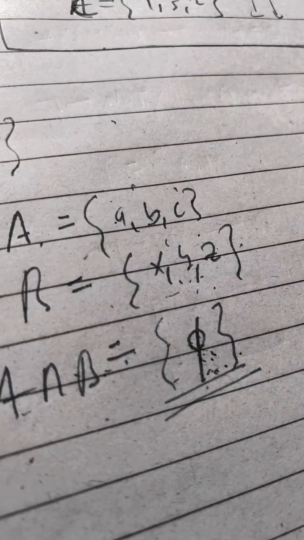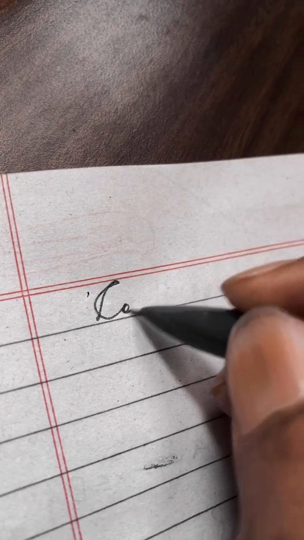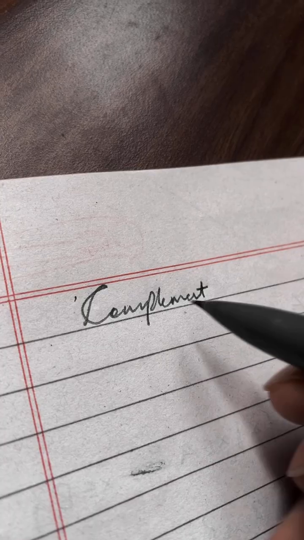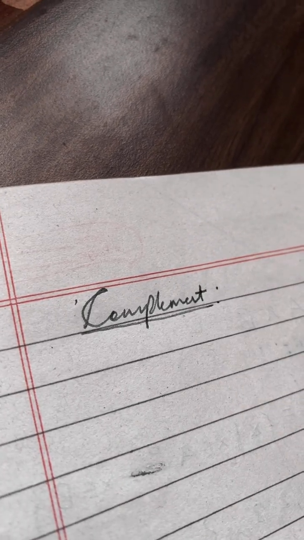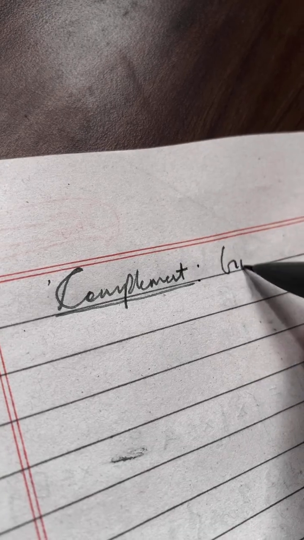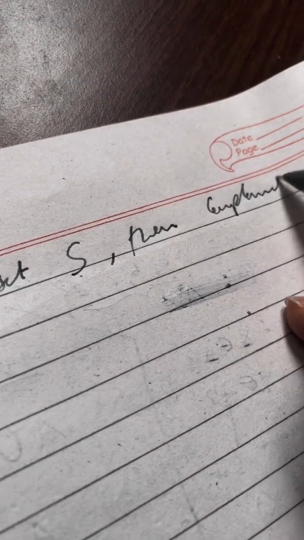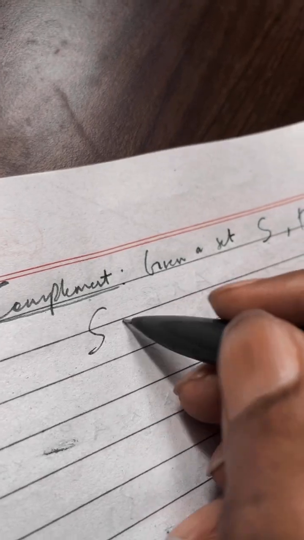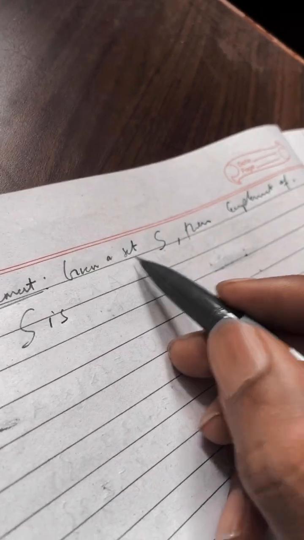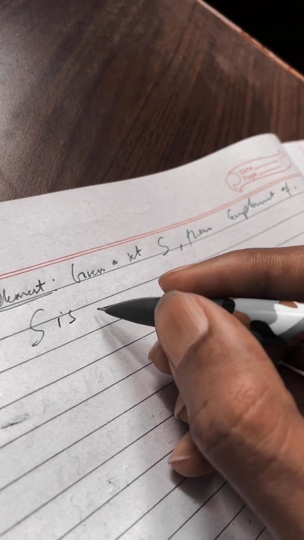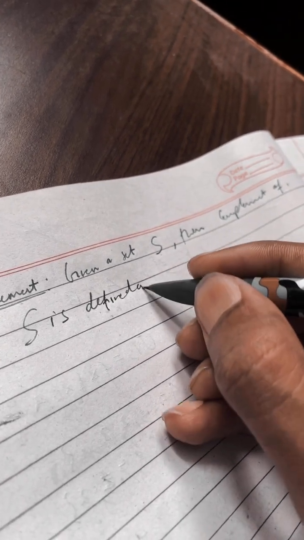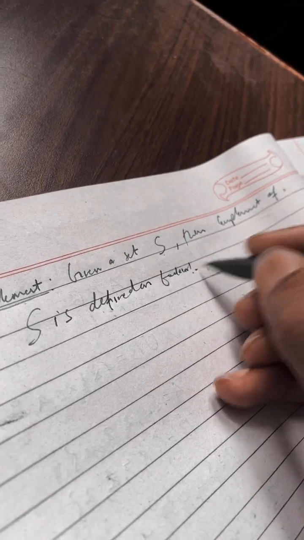Okay. Now, the third relation is called complement. What is complement? The notation is, given a set, let's say S, then the complement of S is defined as follows.